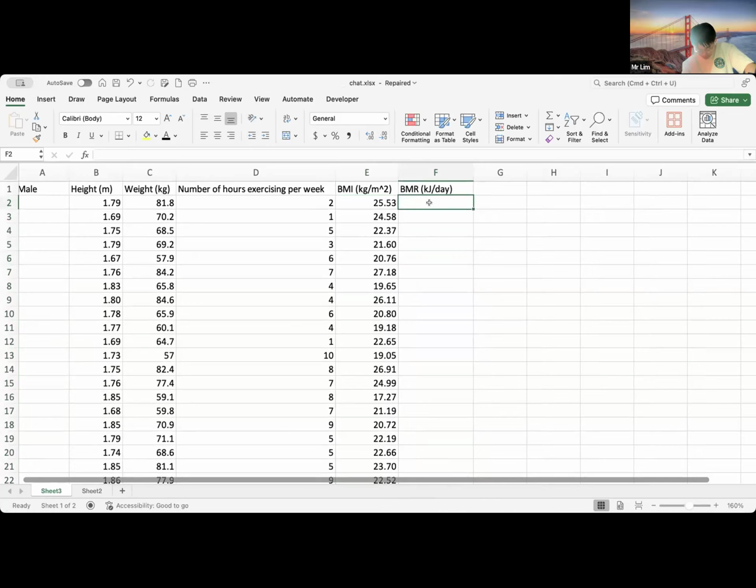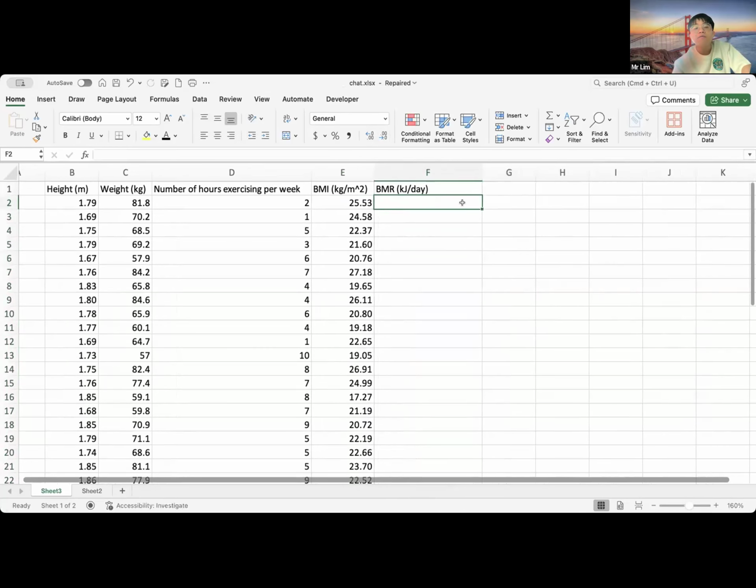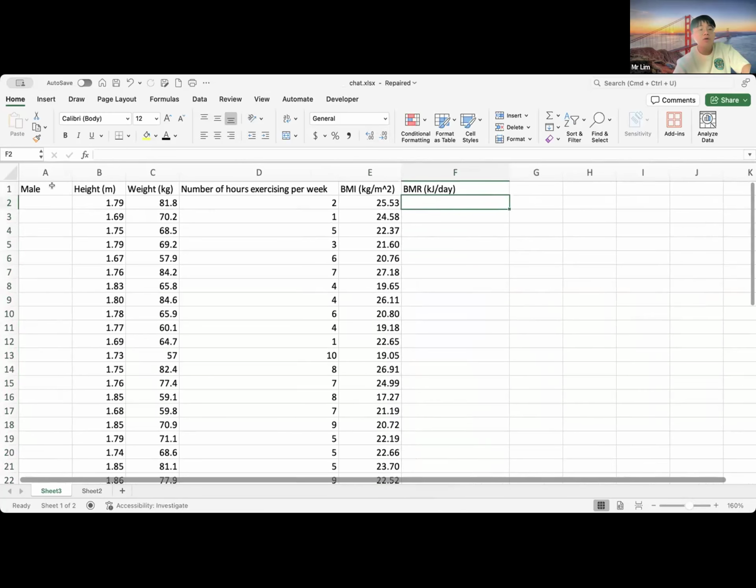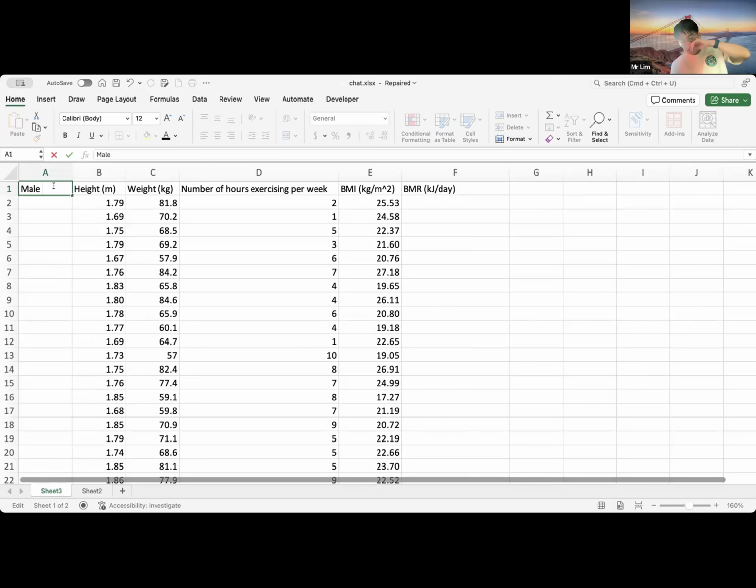Next, for the BMR, it's a composition of height, weight, and the age. Now, age is a constant here, so you actually do not need to ask the person to fill in their age.